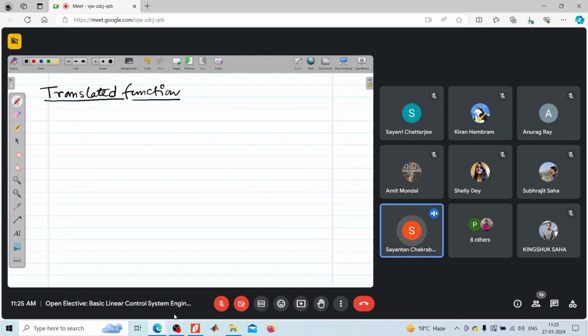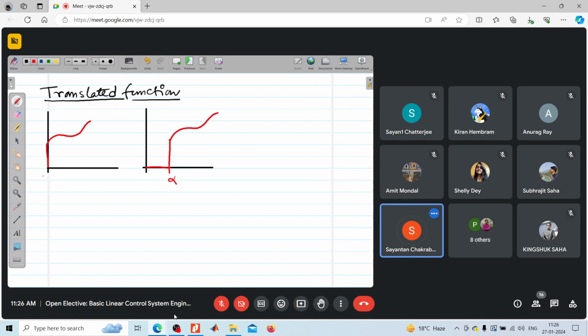Suppose a function is defined like this. Now, if I translate this function by an amount alpha, so that it now translates itself like this.